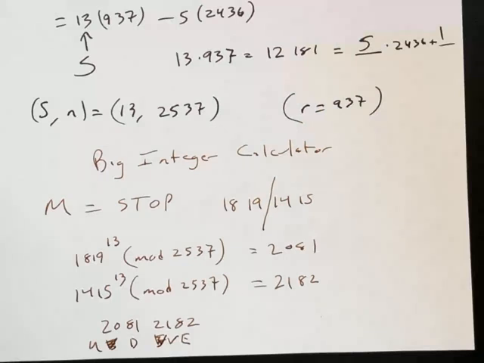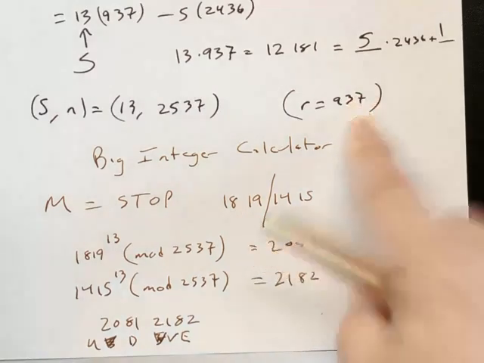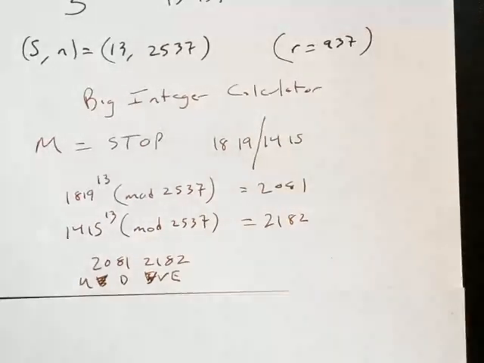But I have in my pocket the magic number. How do I decode this? I use this number. So I'm going to take these two pieces and I'm going to say, hey, wait a minute, out in public that everybody knows, use 2537.